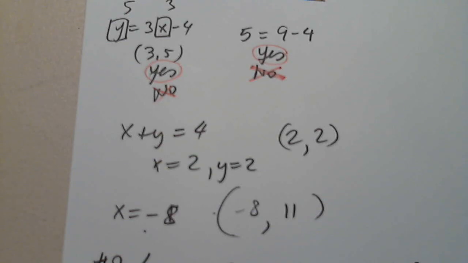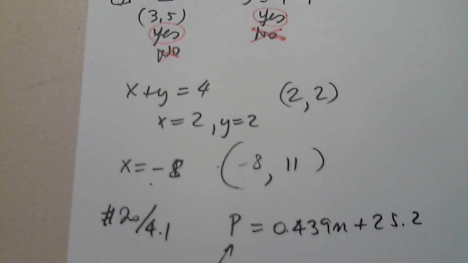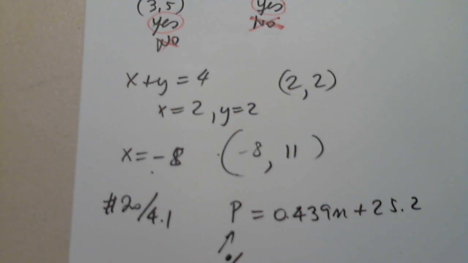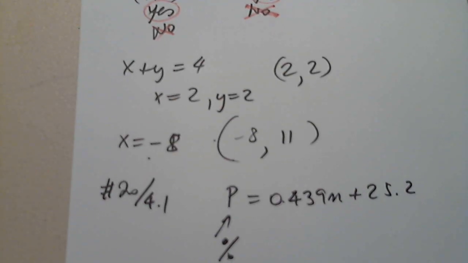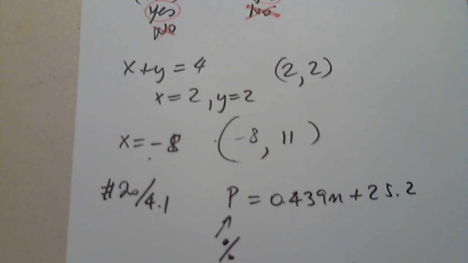N is the number of years after 2000. This is very important to understand. We are told that N is the number of years since the year 2000. We immediately have to identify that the year 2000 represents N equals 0.